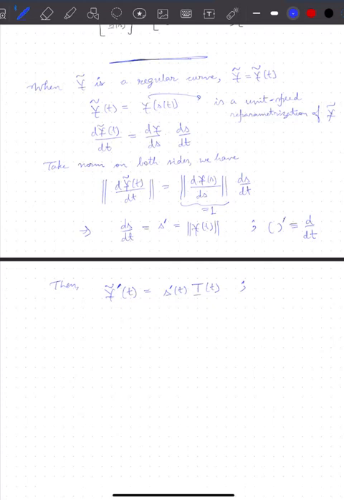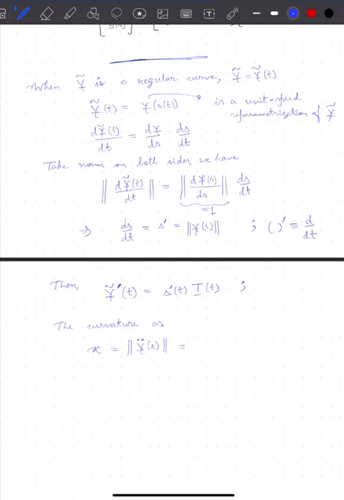So gamma tilde prime of t is equal to this, right? So this is for the tangent, and of course, the way we define the curvature. For curvature, we define kappa as, this was gamma double dot with respect to s, right?